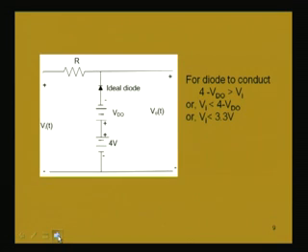Let us first draw the equivalent circuit for this diode as earlier we have done. So, this diode drop Vd naught will be along with this ideal diode which shows the conduction direction, and this 4 volt battery is already there, and we are applying a triangular voltage waveform.